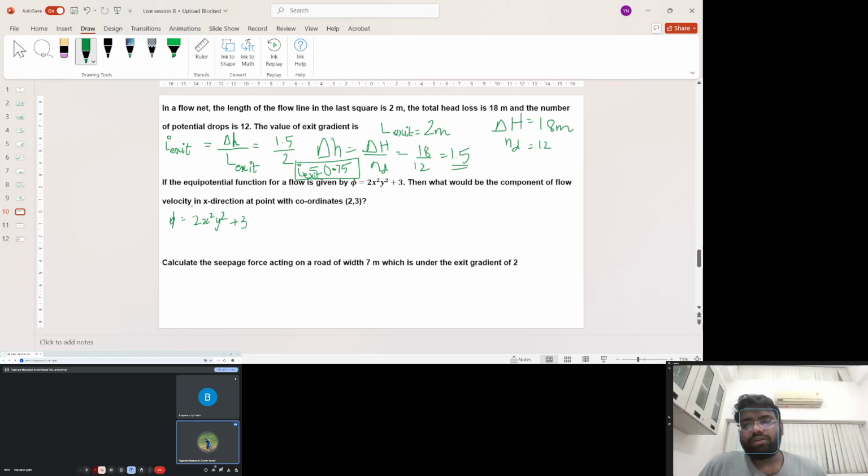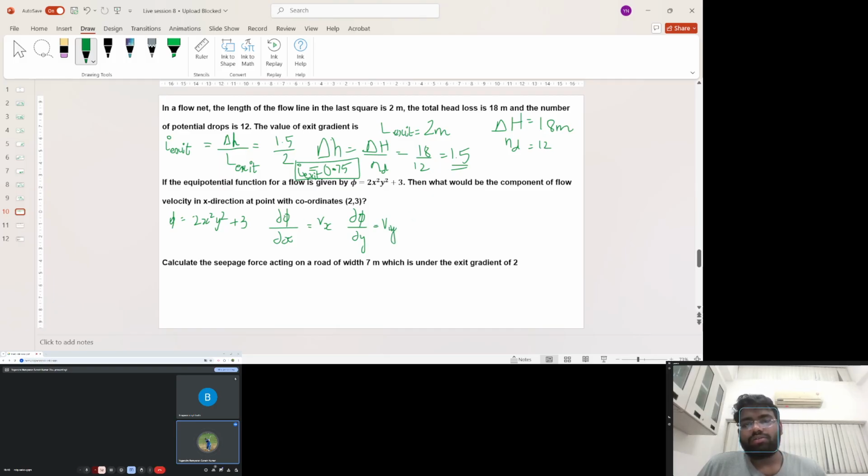Now we need to compute the component of flow velocity in x direction. We know that dou phi by dou x, the partial differentiation of this equipotential function with x, gives us velocity in x, and dou phi by dou y gives velocity in y.